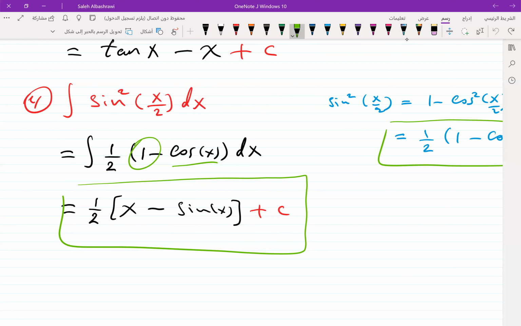Some other techniques will be given later on, maybe integration by substitution or integration by parts. These are two techniques to find functions that are not easy to find. We have to simplify them by integration by substitution or integration by parts, and this will be explained in detail later on.